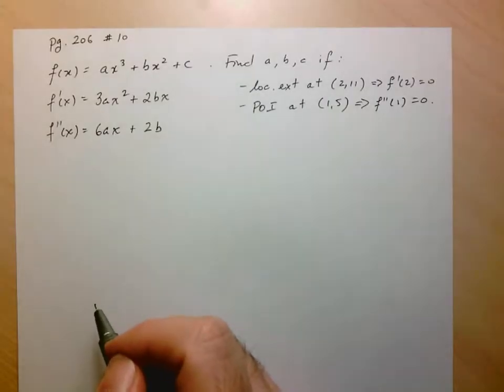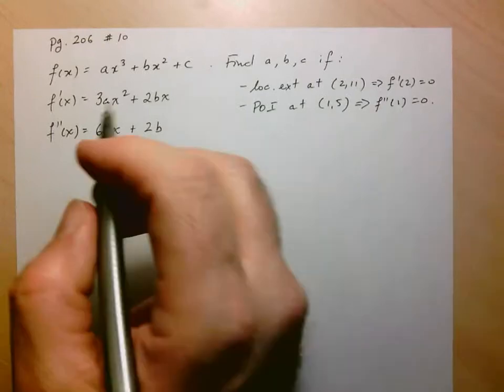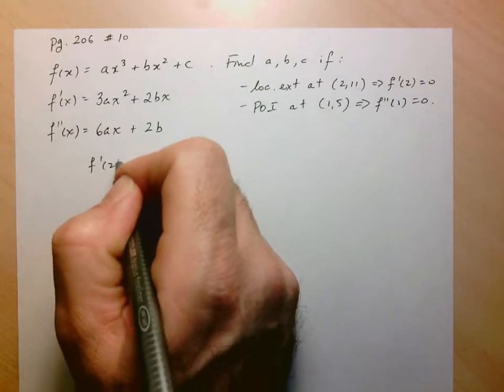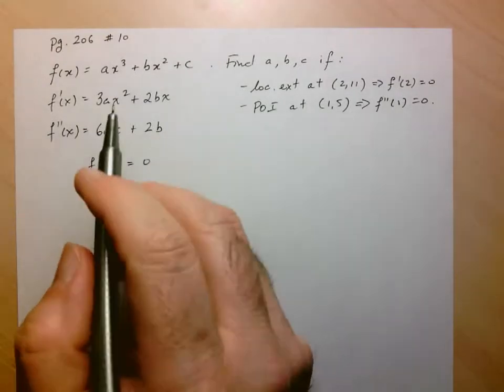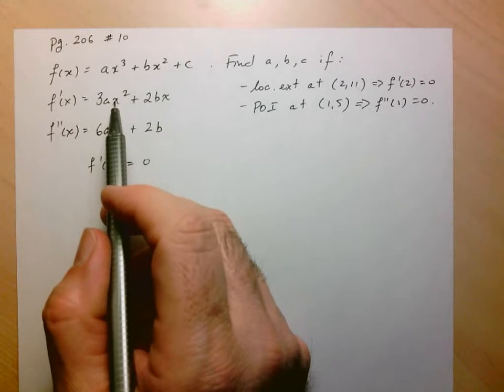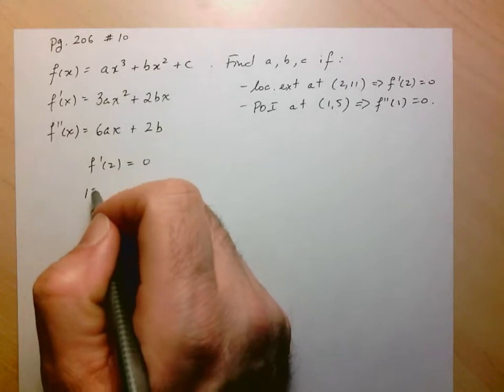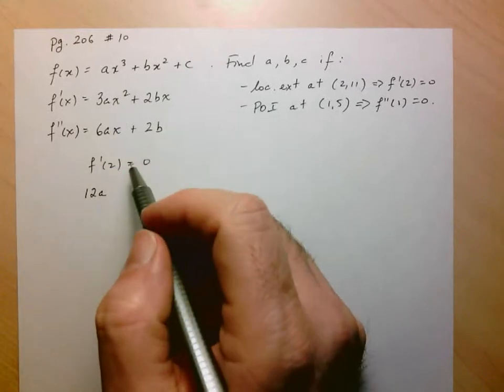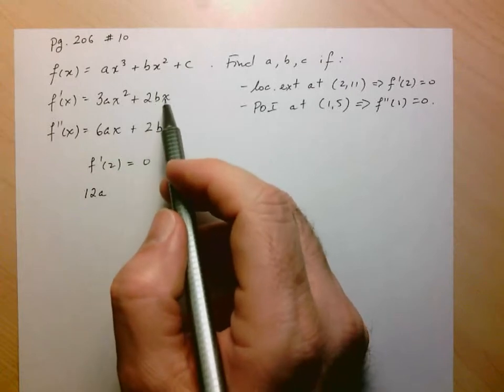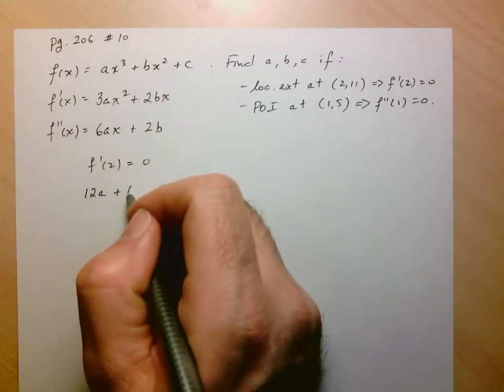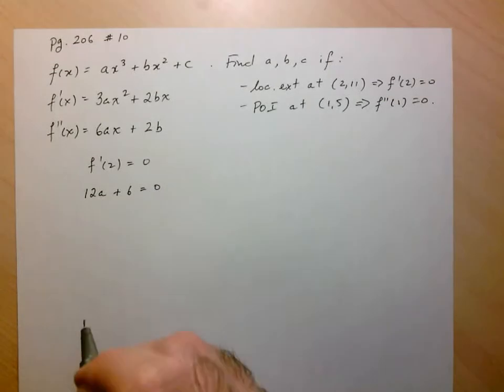Let's start by creating one equation in a and b by using the fact that f prime at 2 has to be equal to 0. So for f prime at 2, we replace x by 2, so 4 times 3 is 12. So we have 12a plus 2 times 3 is 6, so 6b is equal to 0.